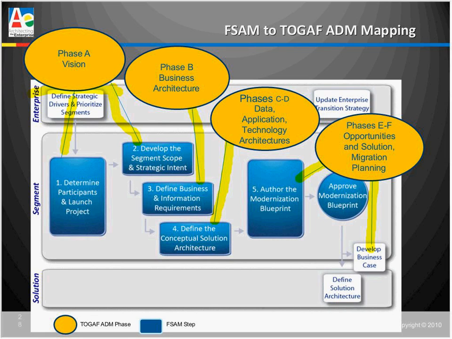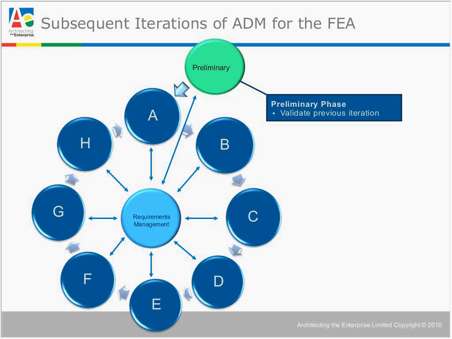So if you want to use FSAM as your basic process, it's very easy to drill down into the TOGAF steps and apply them to FSAM. Okay, so let's run through quickly how you would do a segment or capability solution architecture.